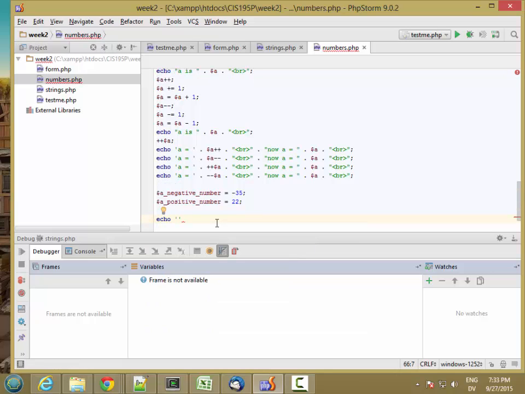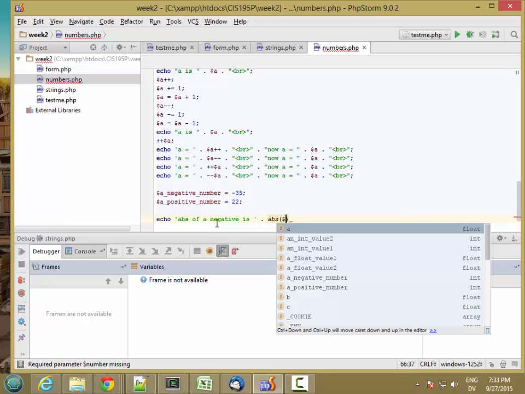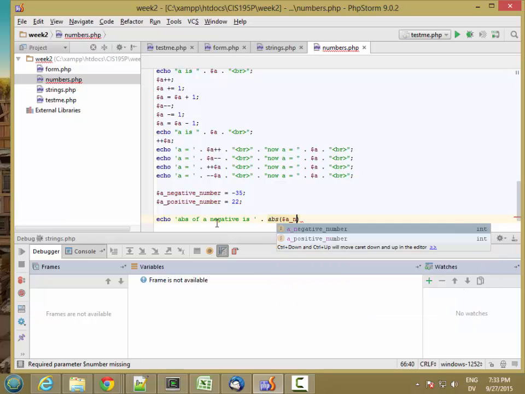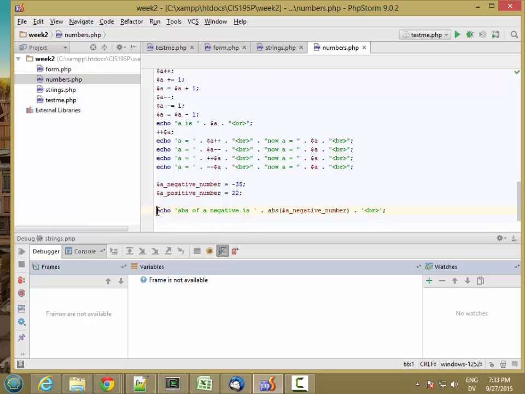And then we'll say abs of a negative number, the absolute value of a negative number, and then we'll look at the absolute value of a positive number.